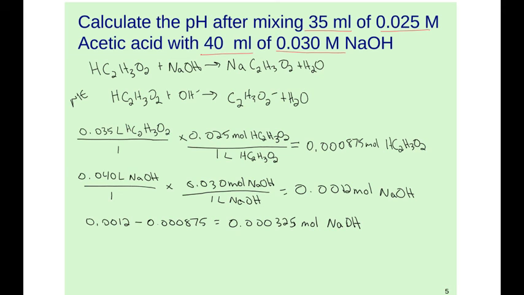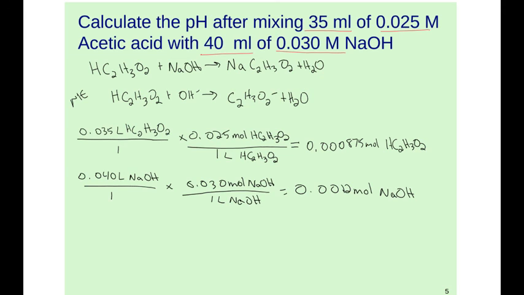And we need to remember that we added 35 milliliters and 40 milliliters. So those volumes are additive. So our solution has a new volume of 75 milliliters. So when we take our excess moles of sodium hydroxide, divide by the new volume, 0.075 liters, we find that the concentration of sodium hydroxide in the solution after the neutralization is 0.0043 molar.